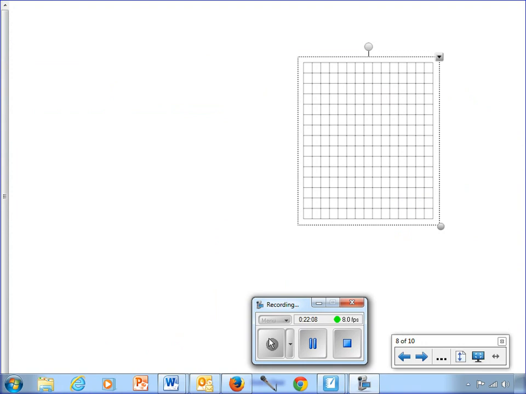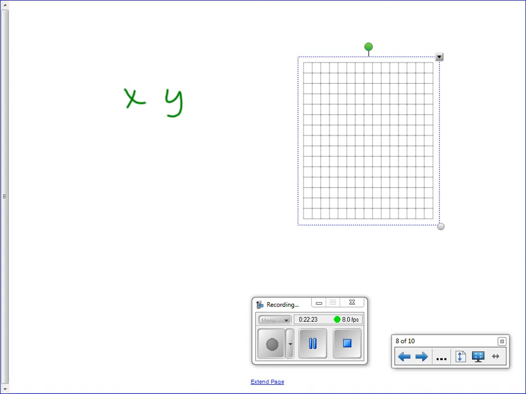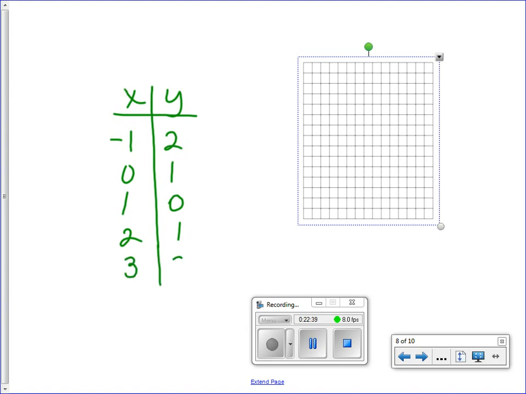This is not on your notes, but just watch and pay attention so that you will see what this looks like and be able to recognize it for what it is if you have a problem along this line. I'm going to just make a quick table of x and y values. Let's see, we have negative 1, 2, 0, 1, 1, 0, 2, 1, and 3, 2.